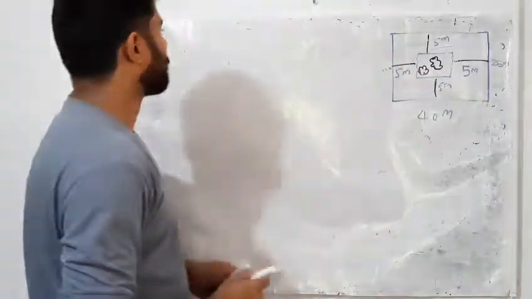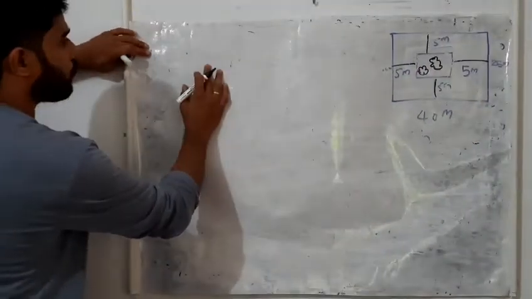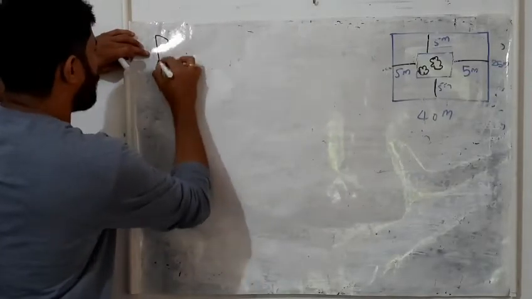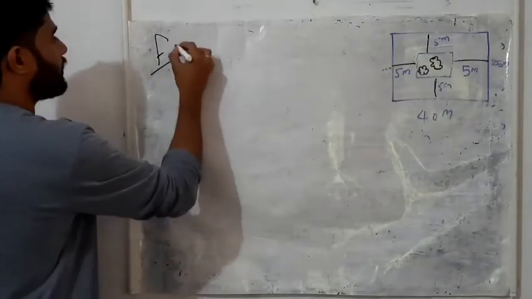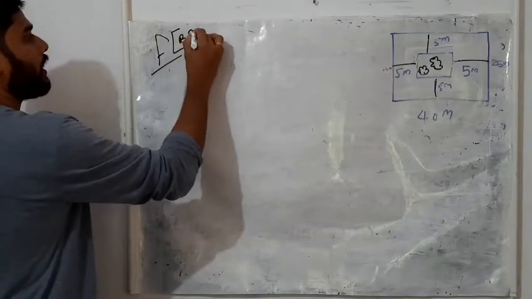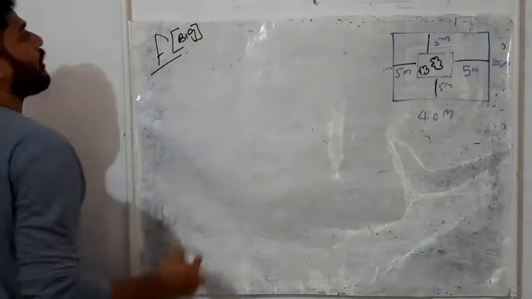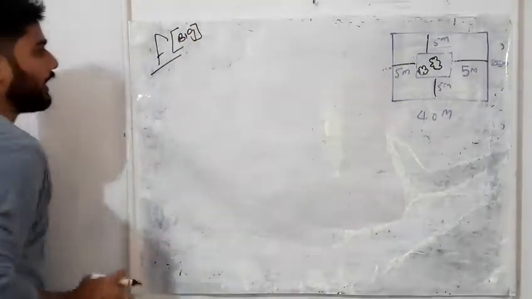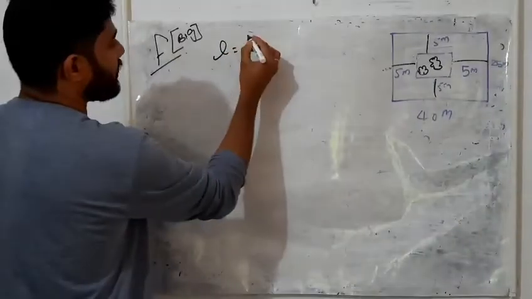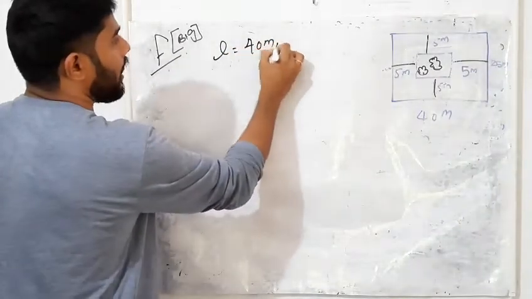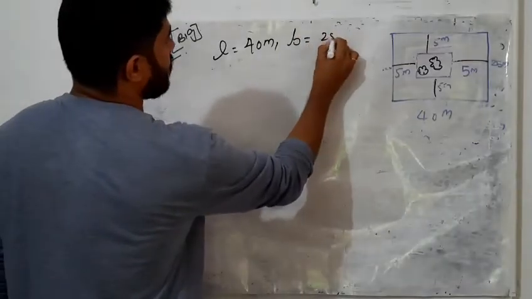Understood? Okay. So here you can see two rectangles. The first one is the field, that means the big rectangle. I'm just denoting the field area. The length of the rectangle is 40 meter and the breadth is 25 meter. Is it clear?